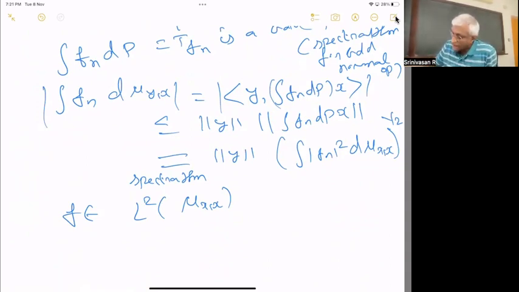Now Fn converges to F pointwise, and they are all dominated by this F itself.